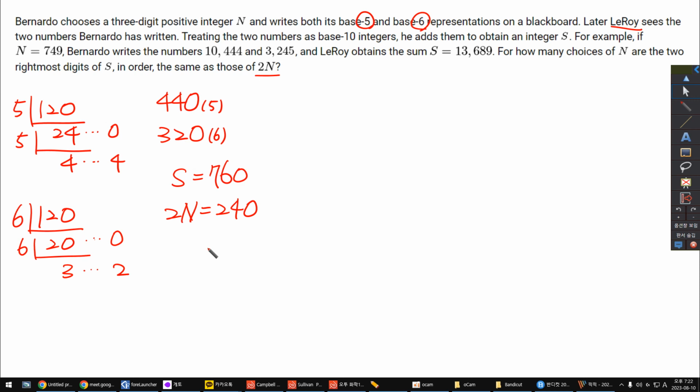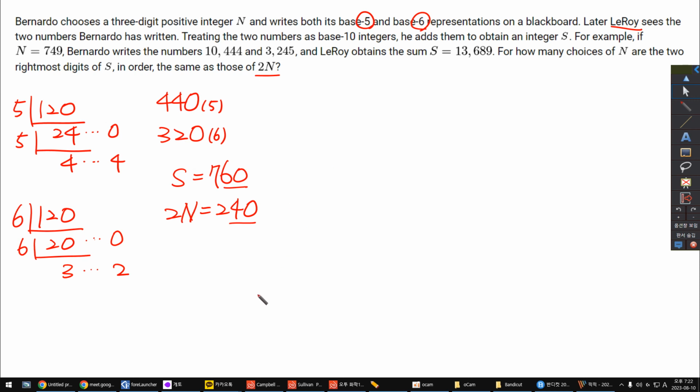And we want to find the case when these two numbers have the same two rightmost digits. But in this case, because 6 and 4 are different, 120 is not the number we want. But that's the kind of process we are doing.